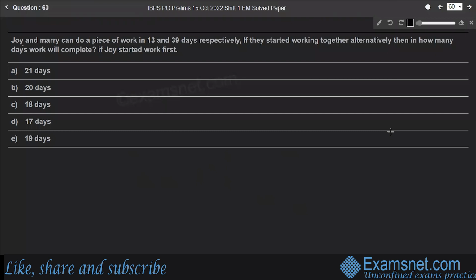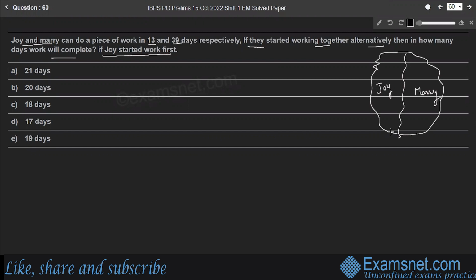Question 60. Joy and Mary can do a piece of work in 13 and 39 days respectively. If they started working together alternately, then in how many days will the work be completed if Joy started work first? So let us consider a piece of work to be done. Here, Joy does a piece of work, and the remaining work has been done by Mary.